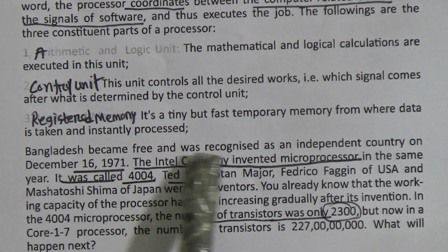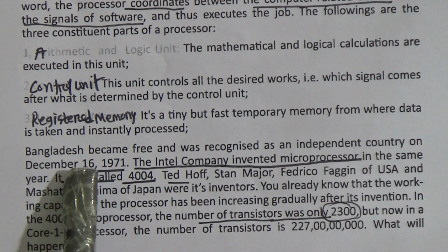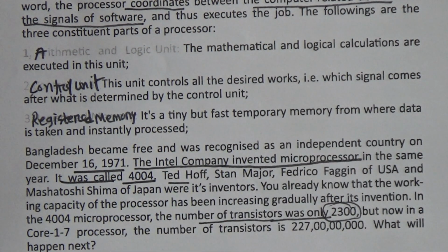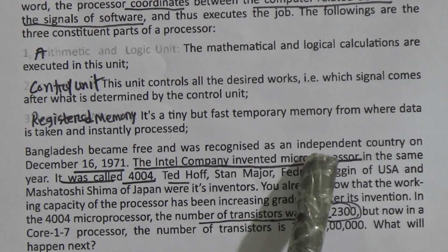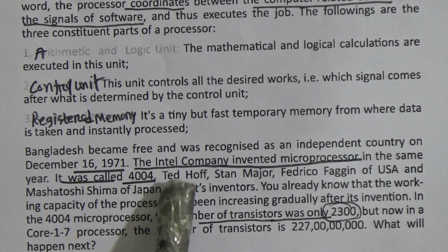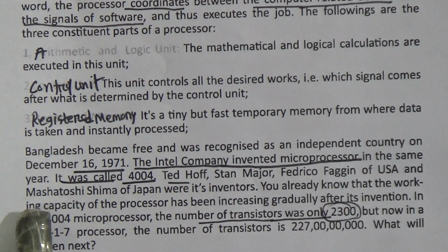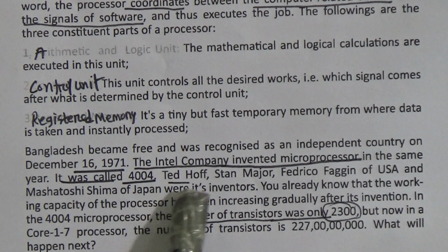Bangladesh became free and was recognized as an independent country on December 16, 1971. The Intel company invented the microprocessor in the same year. It was called 4004. Ted Hoff, Stan Mazor, Federico Faggin of USA and Masatoshi Shima of Japan were its inventors.